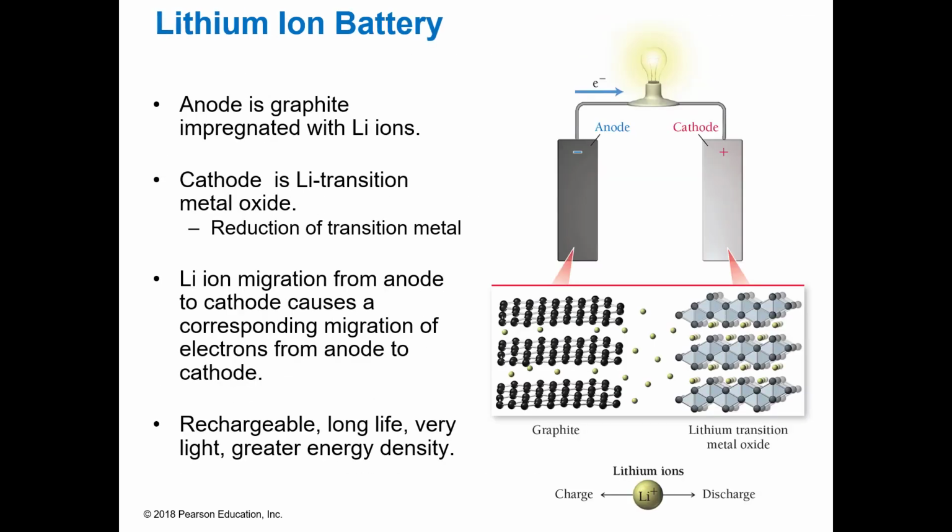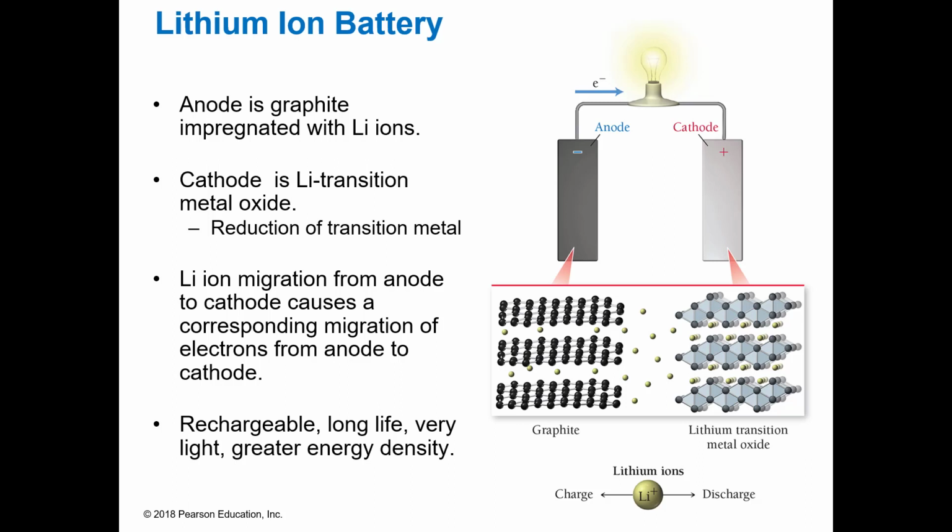I don't know if you remember a few years ago, people were sitting on their cell phones and it would cause the separator to break, which would allow the lithium ion and the electrons to exchange automatically. It generates a lot of heat because they have a great energy density and they would catch fire.